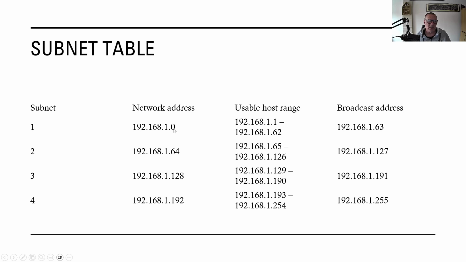That's just used to identify the network, the subnet itself. So we can't use 0. We start at 1, and then we can go up to 62, because 63 would be used to broadcast to all the devices in this subnet. And then the next one is 64. So we can use it from 65 to 126 and so on.